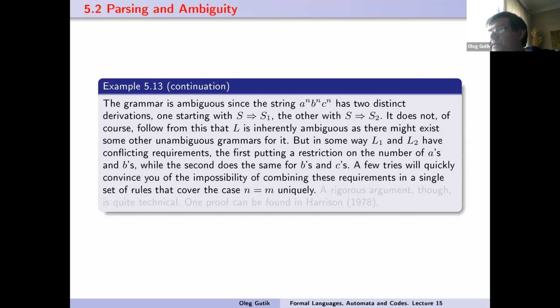A few tries will quickly convince you of the impossibility of combining these requirements in a single set of rules that covers the case n equals m uniquely. Rigorous arguments, though quite technical, exist, and one proof can be found in the Harrison paper, which was published in 1978.